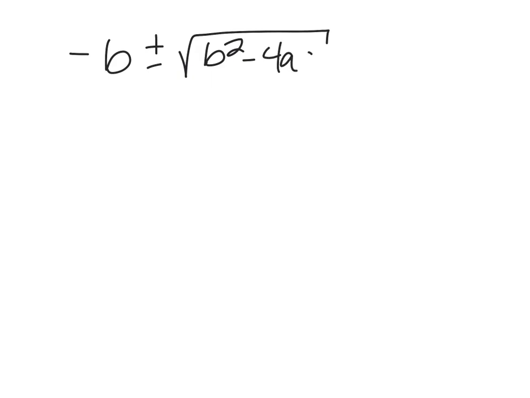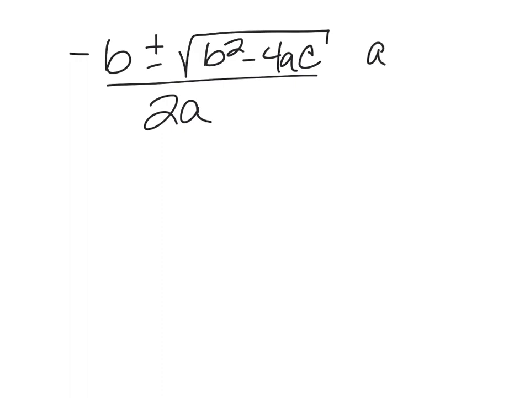Let's start from here. So here's my formula. Opposite b plus or minus the square root of b squared minus 4ac all over 2a, and that's going to give us our x-intercept, which is our solution, which is our root, which is our 0.